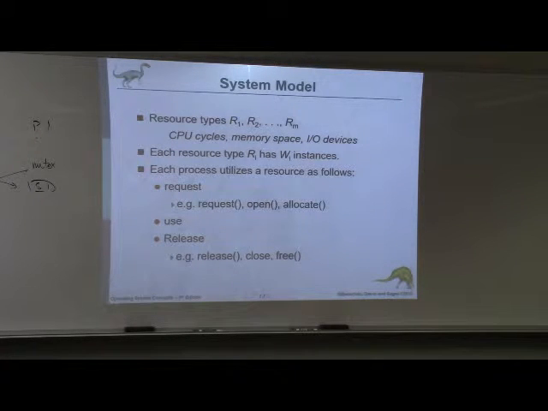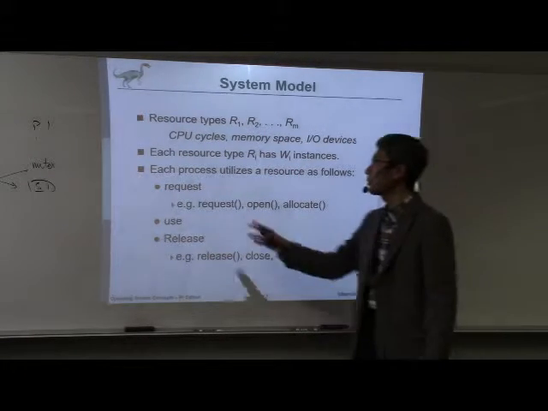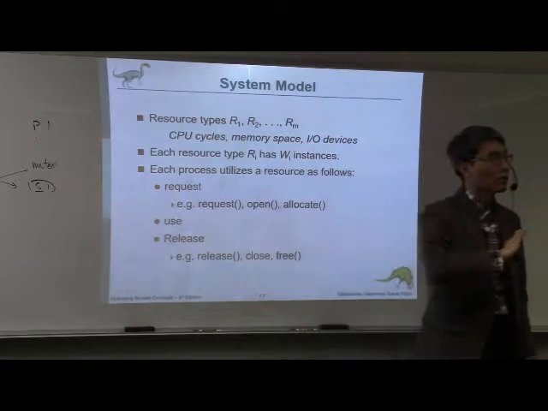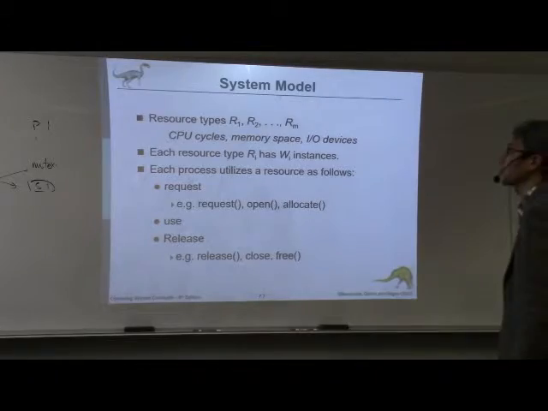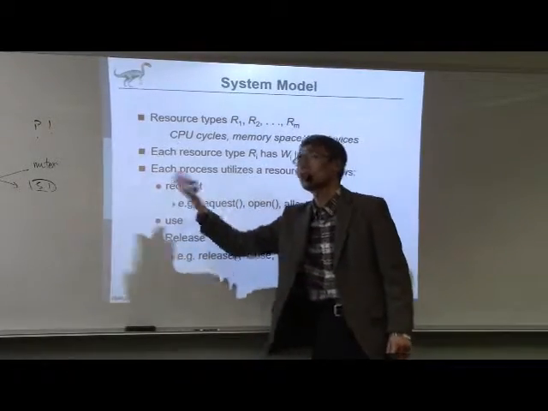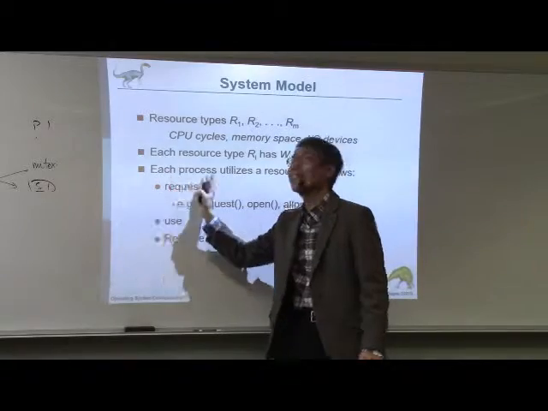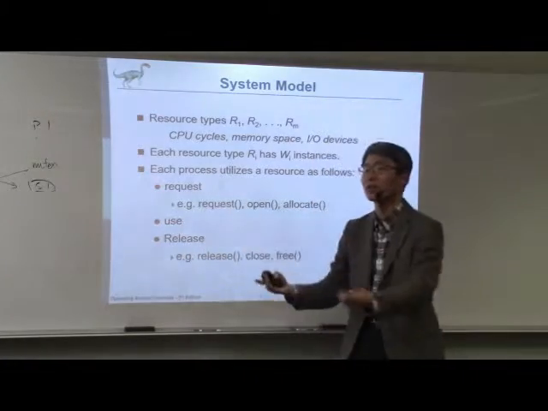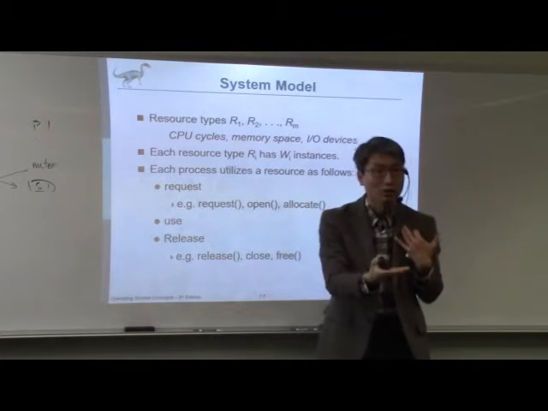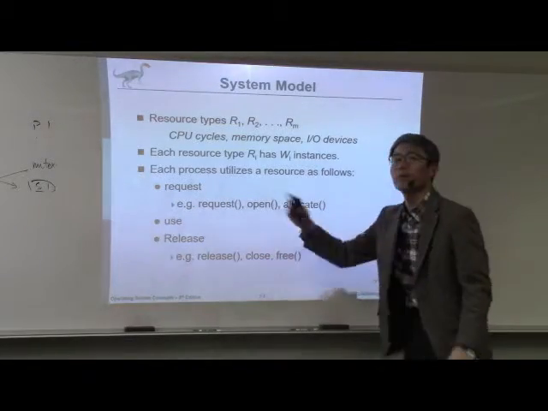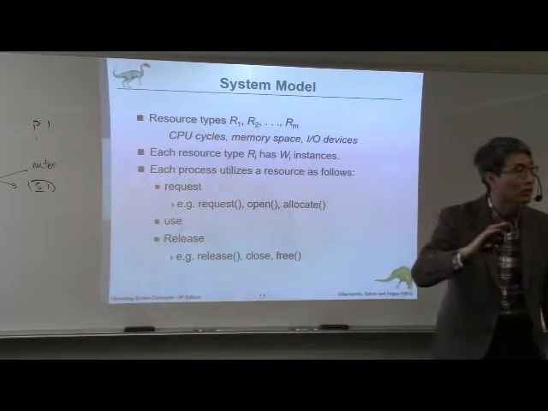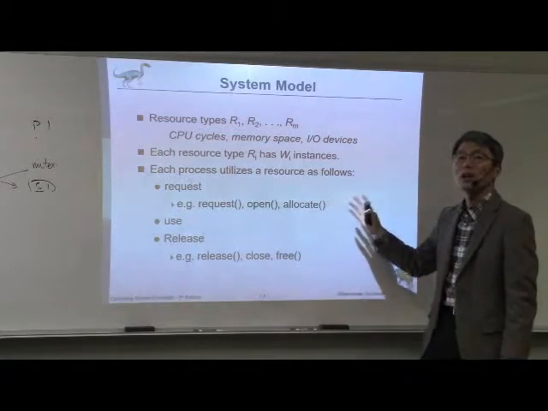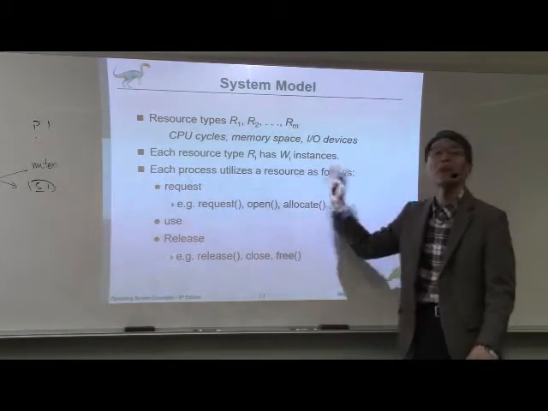Then, if we formalize how to use such a shareable resource in the operating system, a computer resource can be used by requesting to get it. It's not exactly called request; the system call can vary, but the semantic of such a call is I'd like to use that system resource. It can be open, it can be malloc in case of memory allocation, and in case of a file, it's fopen.